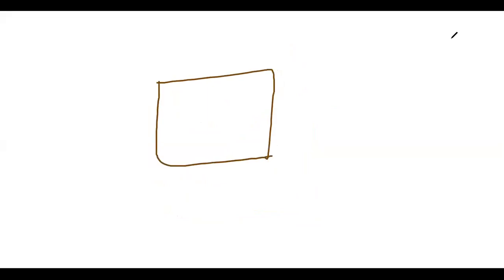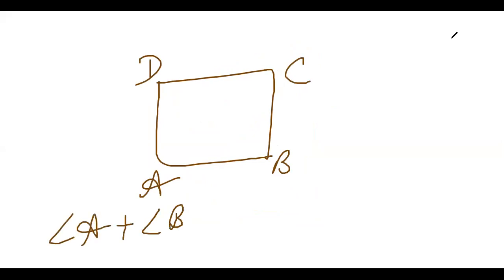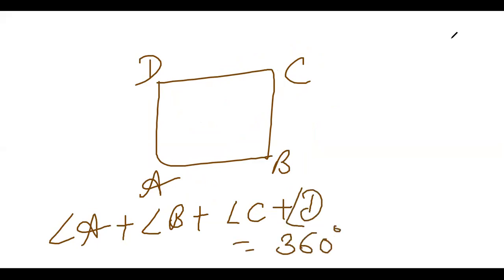If we have a quadrilateral ABCD, then angle A plus angle B plus angle C plus angle D is equal to 360 degrees, right? So this is called the angle sum property of a quadrilateral, whether it's a square or rhombus, any four-sided figure, the sum of angles will be 360 degrees.